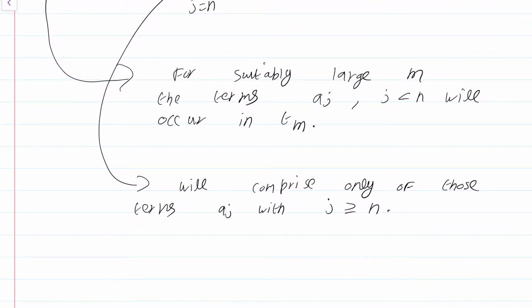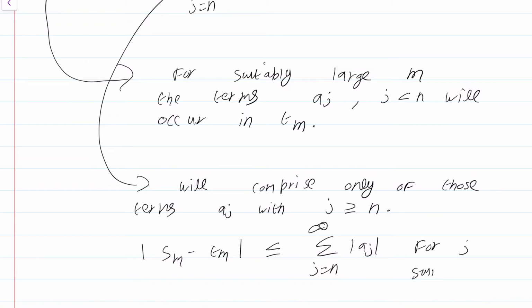So what we get is mod Sm minus Tm is less than or equal to summation j equals n to infinity mod Aj, for m suitably large.